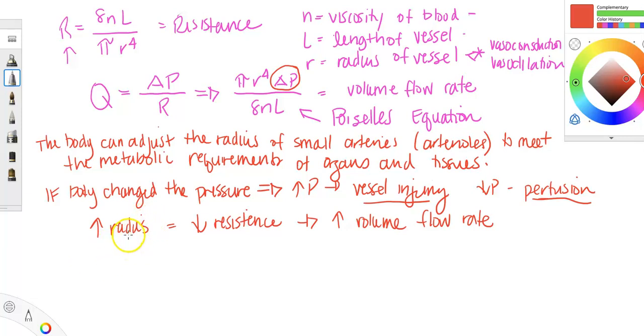So the bigger the hole, the less the resistance, the more blood will flow, and flow quickly. A decreased radius increases resistance, which decreases volume flow rate.